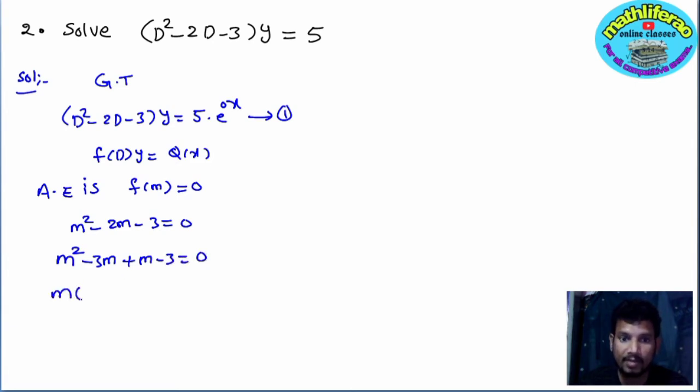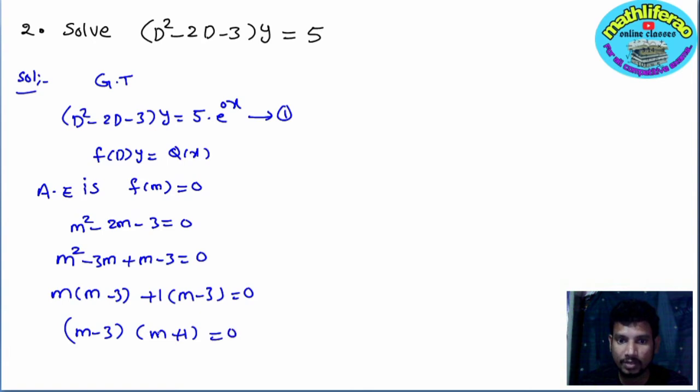Take m common, m minus 3 plus 1 common, m minus 3 equal to 0. Means m minus 3 into m plus 1 equal to 0. Product is minus 3, sum is minus 2. Now roots of the equation, m equal to 3 comma minus 1. Here two roots, m equal to 3 and minus 1.